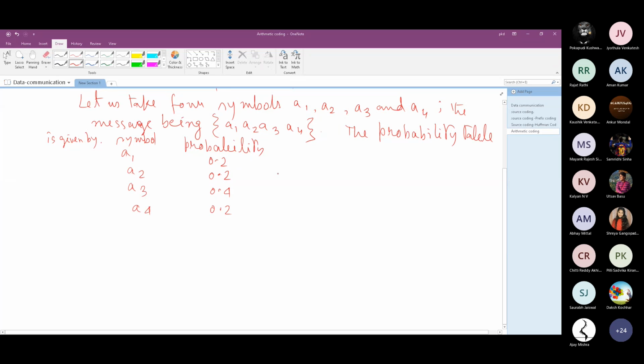So in this case, we have assumed the probability table is given by this table, and we are currently transmitting a small segment of data, A1, A2, A3, A4. Now we make the probability intervals in cumulative fashion.